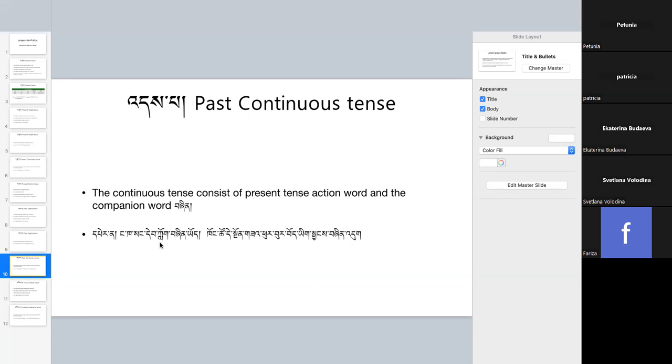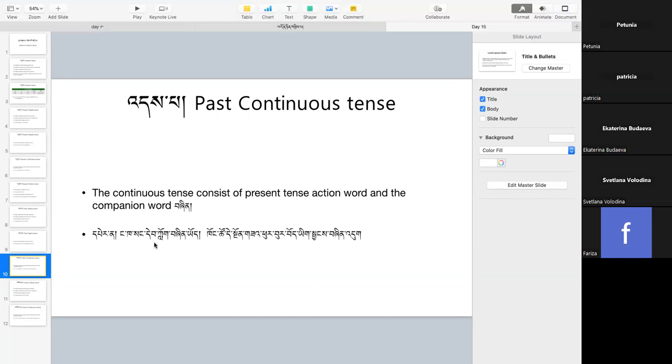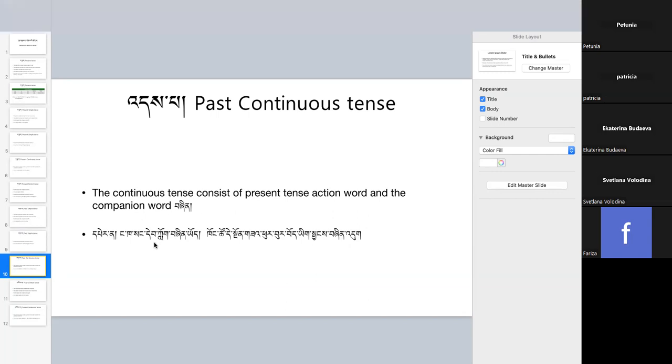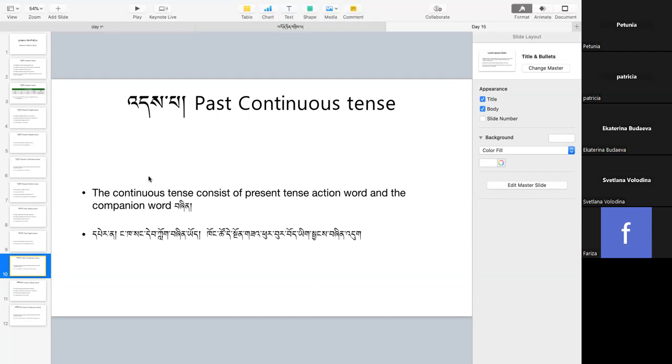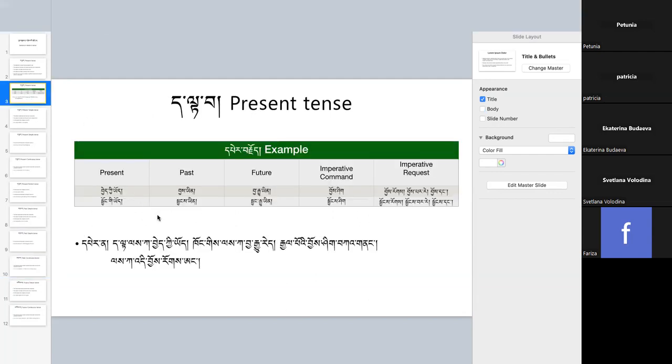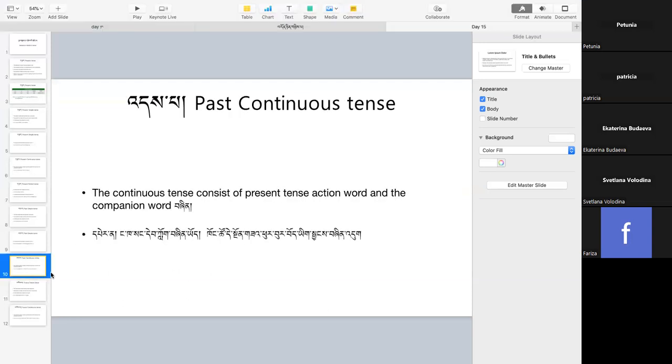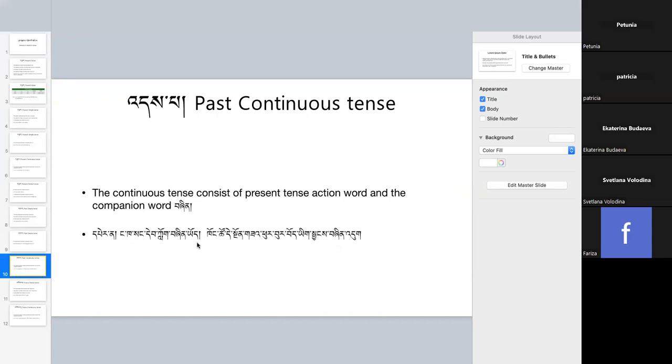And we must also understand that in this case, we're using the past tense form of the verb, but the companion words are as they were, and it becomes continuous with the usage of this companion word shin.